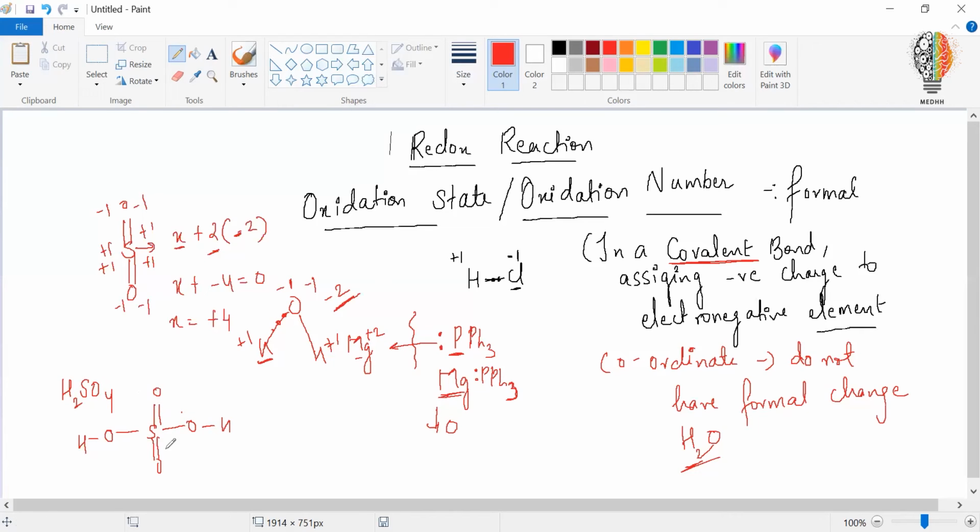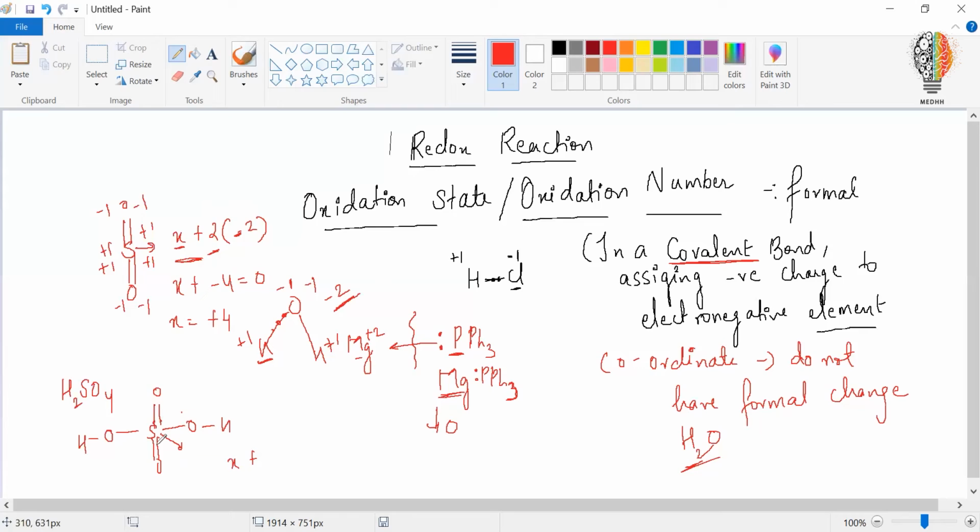So coming back to here, if I want to calculate the oxidation state of your sulfur, how are you going to do it? Again, you can go by that simple method like this, or you can use the calculative method, which we use often. So I will do it in that way only. x plus, this time how many oxygens are bonded?